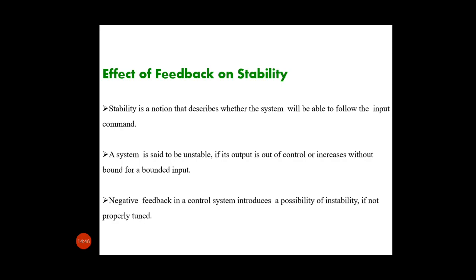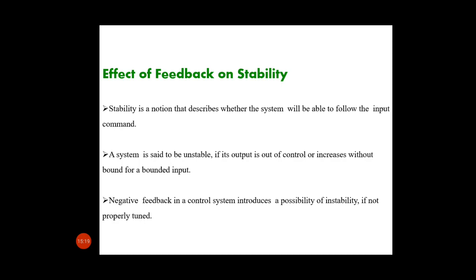So your overall gain or output is not going to be in your control. You are going to get an infinite value in your transfer function. Transfer function means output by input; here output is C(s) and input is R(s).